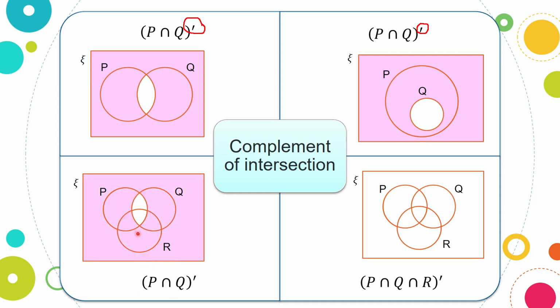This white part is the intersection of P and Q. This pink shaded part is the complement of the intersection of P and Q. Same goes with the last one, P intersect Q intersect R. The intersection part is in the middle, but the complement of the intersection is the part that is not intersect, which is the outer part of the intersection, this area.